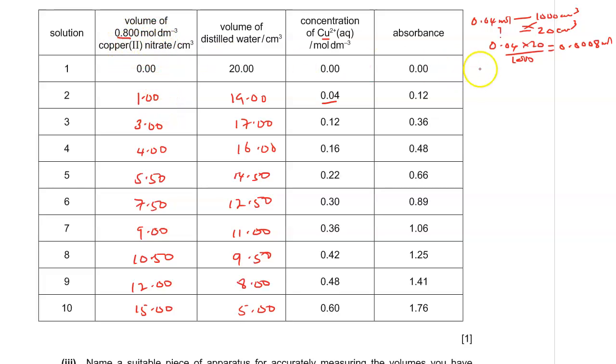So we are told here we have 0.8 moles of copper nitrate, 0.8 moles per liter. So we have this in a liter. So we will ask ourselves then what volume will 0.0008 moles be in.